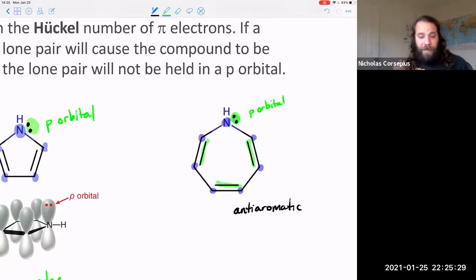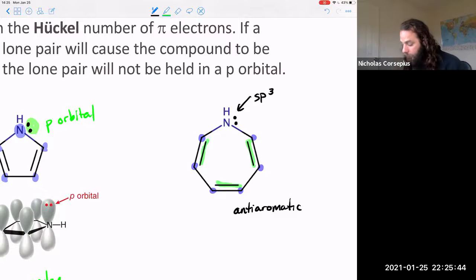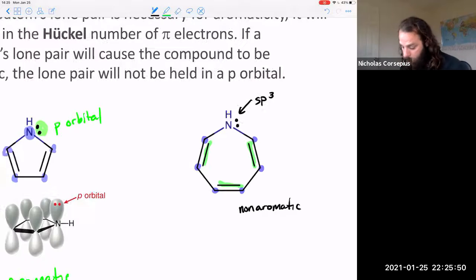Remember, anti-aromatic is bad. It's high energy. Compounds don't want to be anti-aromatic. So in order to avoid that, this nitrogen will not hybridize in an sp2 fashion. It will remain sp3 hybridized, specifically so that instead of being anti-aromatic, this compound would be considered non-aromatic.